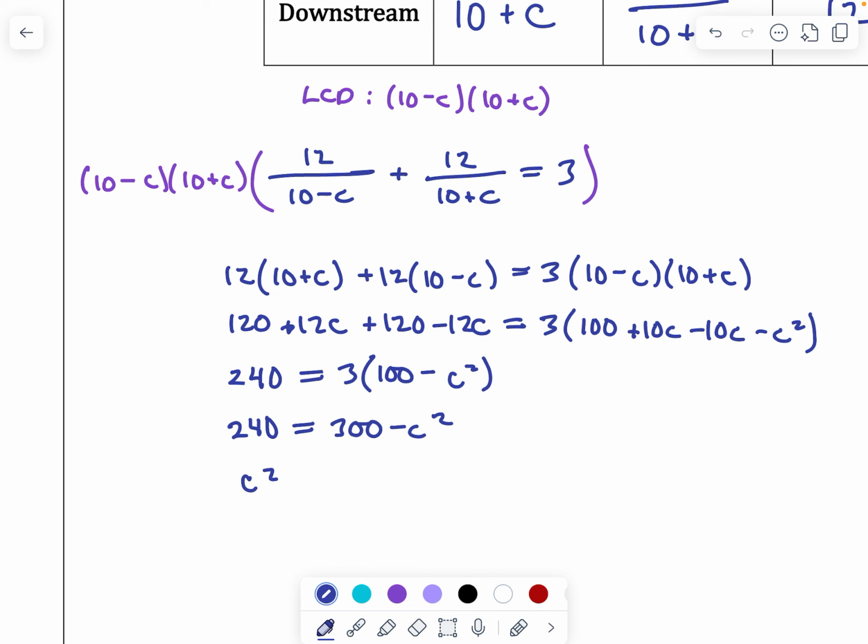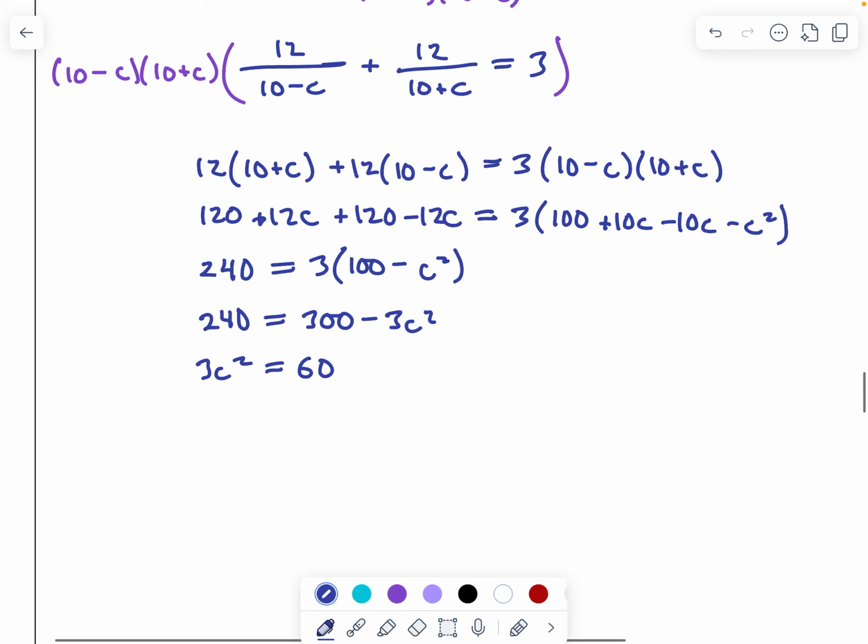Rearranging things a little bit, I will have 3c squared equals 60. Here we go. This is great, right? We can solve these straightforward. We don't need to factor. We don't need to use the quadratic formula. You just start by dividing both sides by 3. So c squared equals 20.